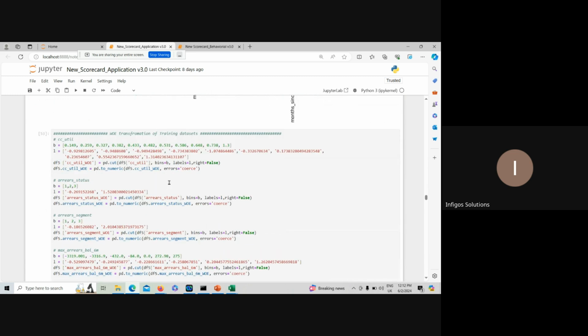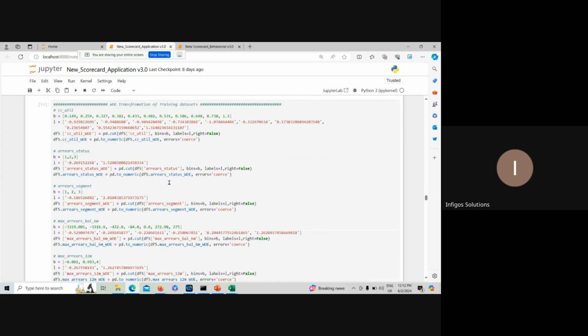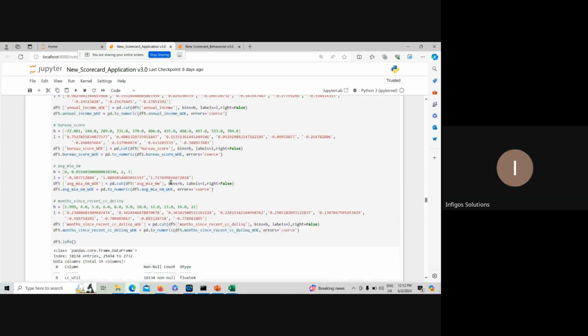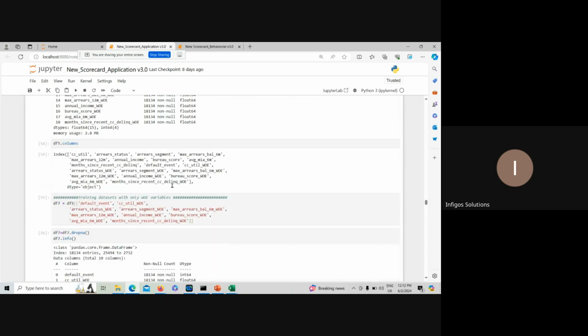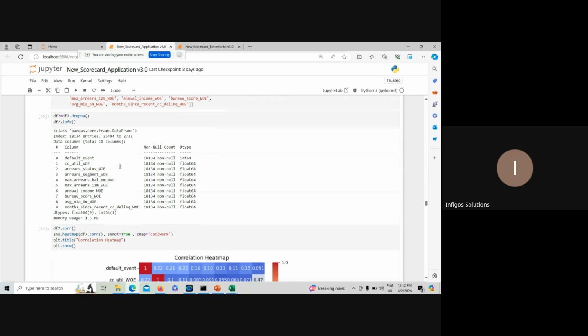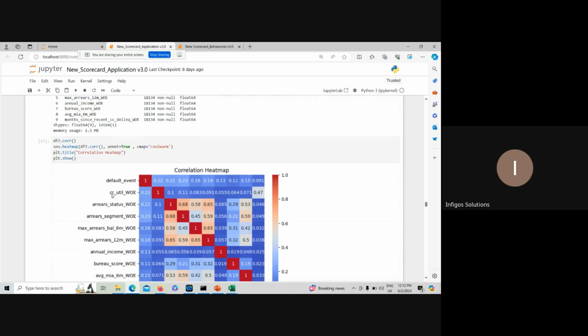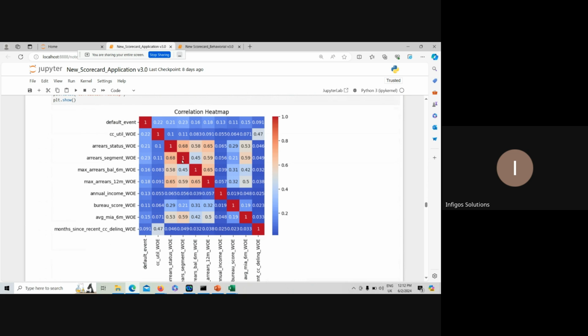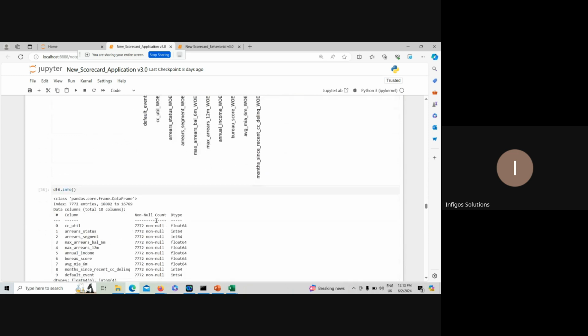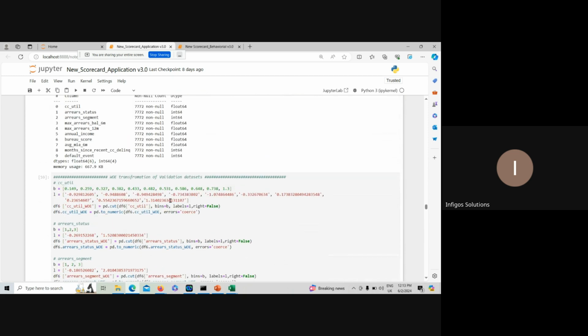And we do the WOE transformation of the training data for these variables. After doing this, you look at the heat map. Heat map shows all the variables are okay. Do the same transformation of the validation data set.